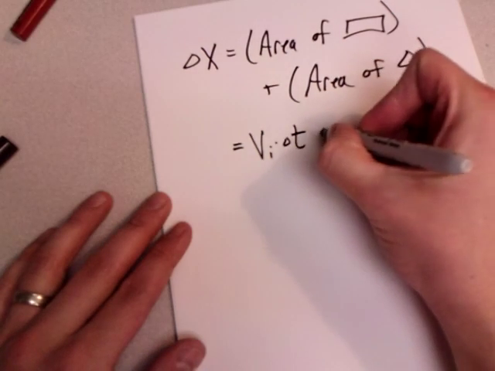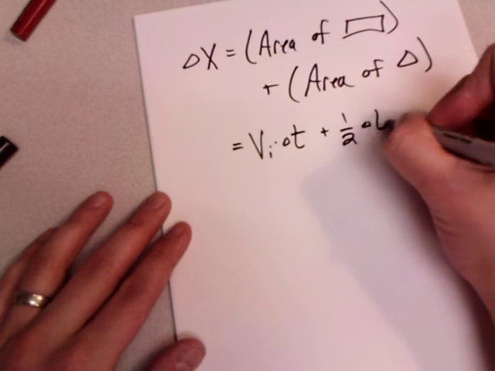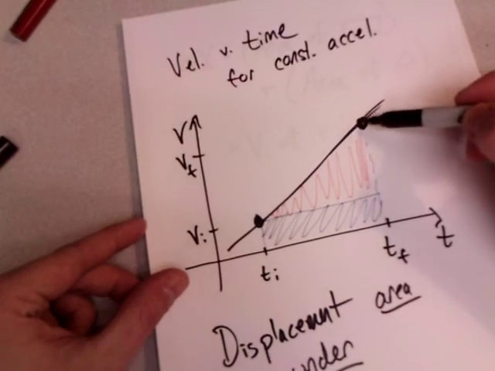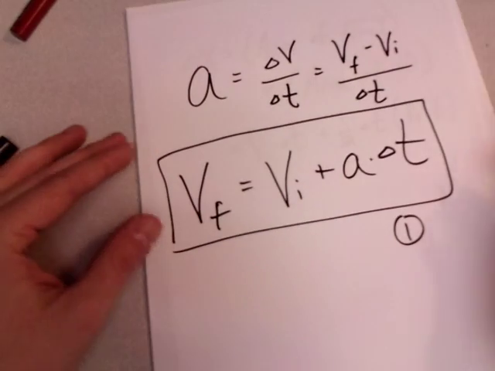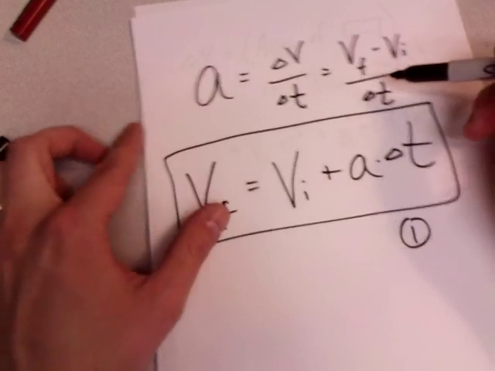And the area of our triangle now, well, area of a triangle is 1/2 times the base. The base is delta t times the height. The height was vf minus vi. Again, if we look back at this, we see that our height here is vf minus vi. Now, if we also look back at our very first equation that we were using, vf minus vi, that's acceleration times time.